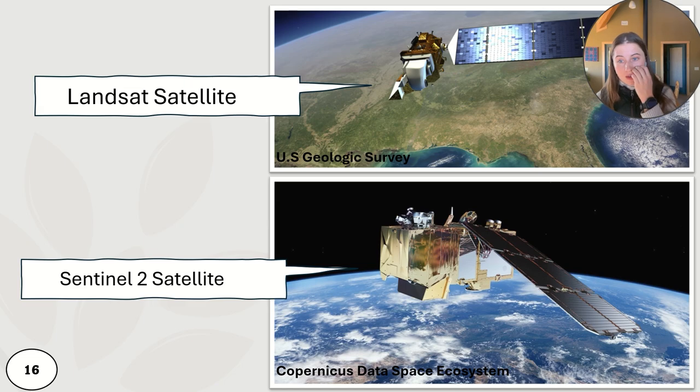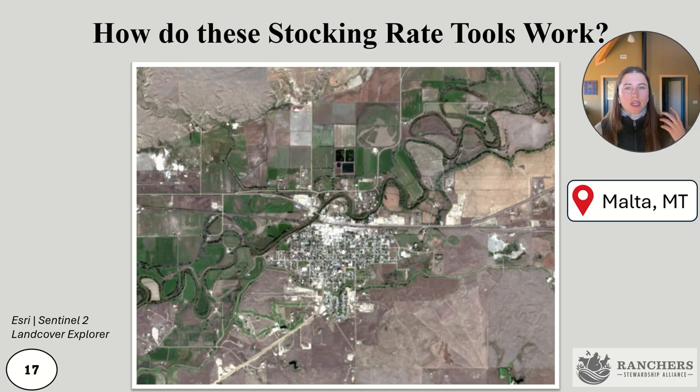The second satellite is the Sentinel-2 satellite, which launched in 2018 and is operated by the European Copernicus data space ecosystem. So this satellite collects complete imagery for the globe every 5 to 10 days. And really this just gives you an idea of how often the forage numbers in these maps are updated. So how do these stocking rate tools work?